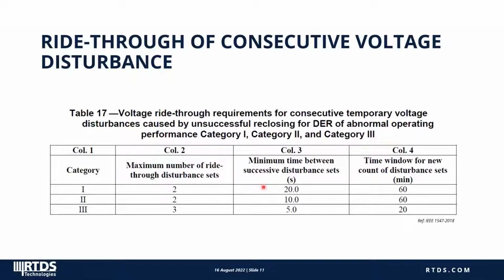The standard specifies that for each DR category, the maximum number of disturbance sets shall be permitted within the specified time window before a trip shall be asserted. The DR shall also be tripped if the accumulated time duration of the consecutive disturbances in the set is over the specified threshold.